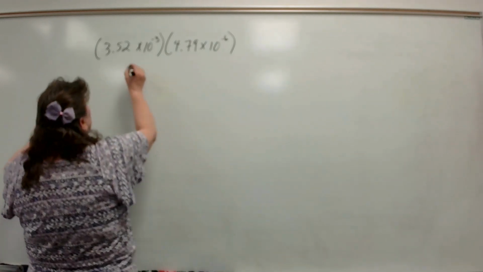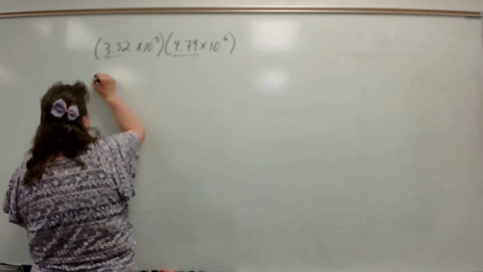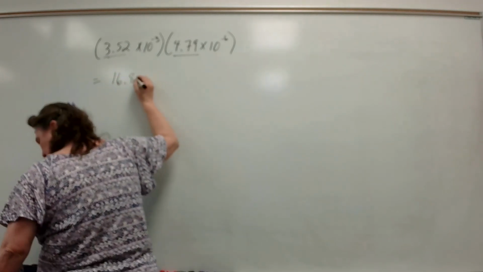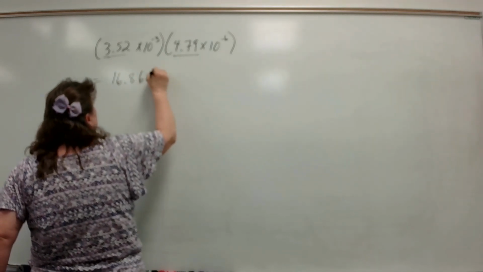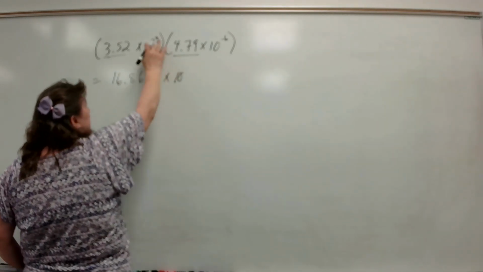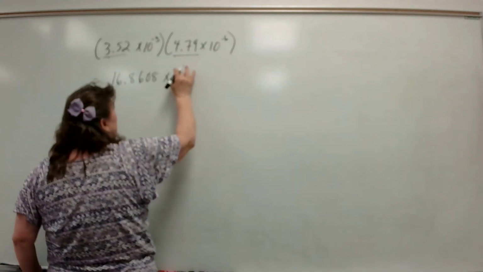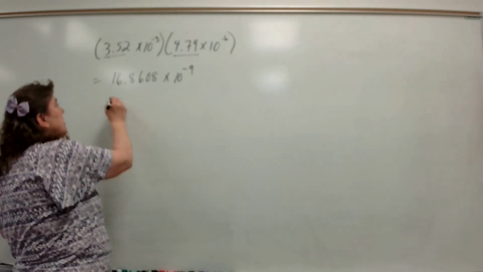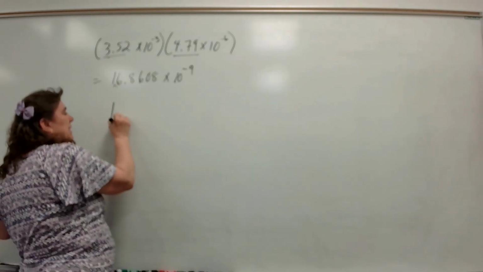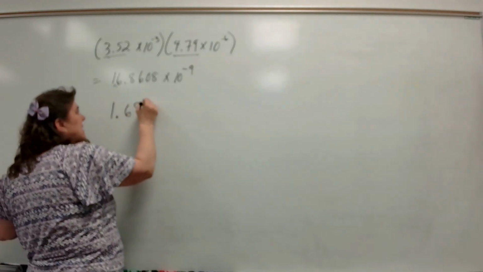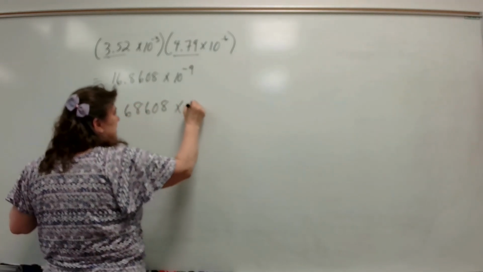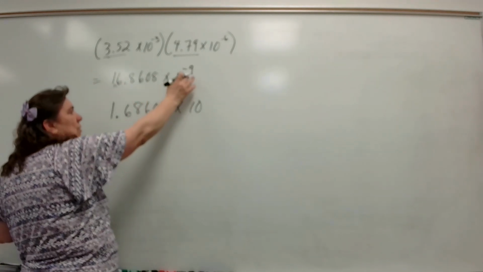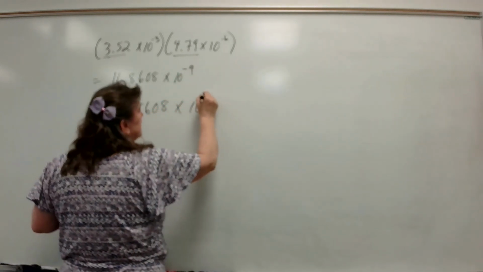Okay, again, you're going to multiply these two numbers, and that is going to give you 16.8608 times 10 to what power? Negative 3 plus a negative 6 is a negative 9. But it's not yet in scientific notation. Decimal point's going to have to go between the 1 and the 6, so 1.68608 times 10 to what power? Well, this is larger than this, so I'm going to increase this by 1. Negative 9 plus 1 is a negative 8.